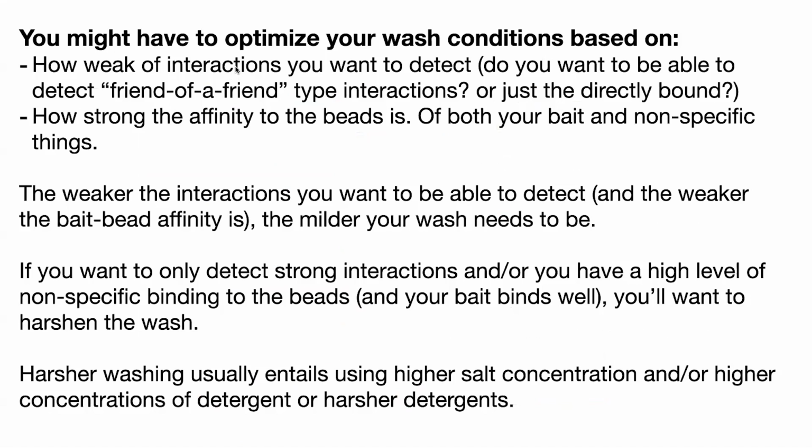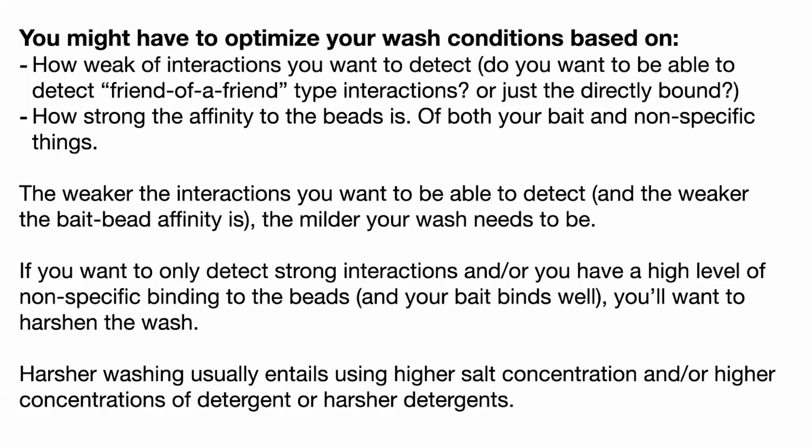But if you want to detect just the really strong interactions, so maybe just strong direct interactions, then you're going to want to use harsher conditions so you don't keep those loosely bound things, and so you don't have to risk there being this non-specific binding as much.